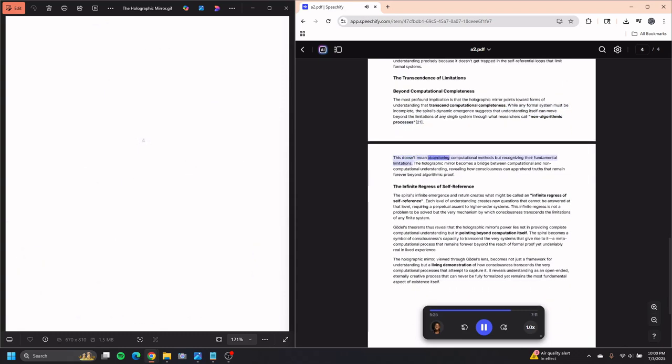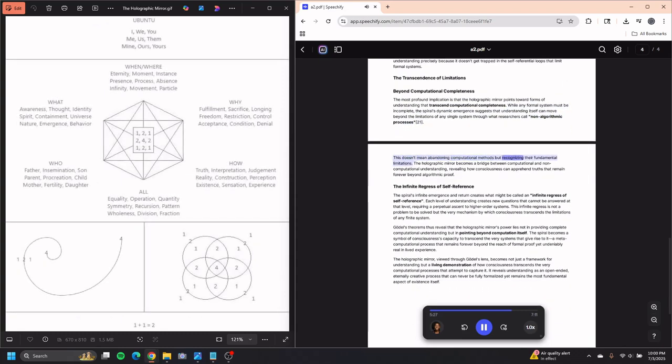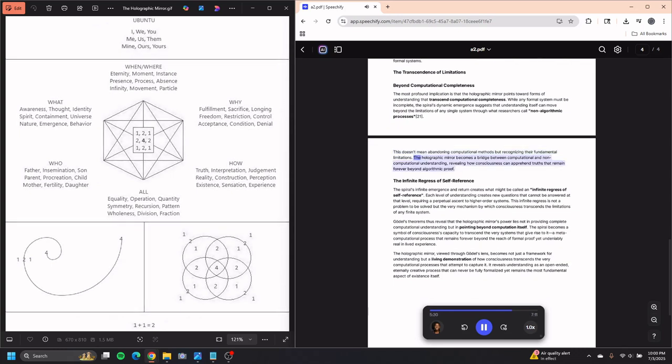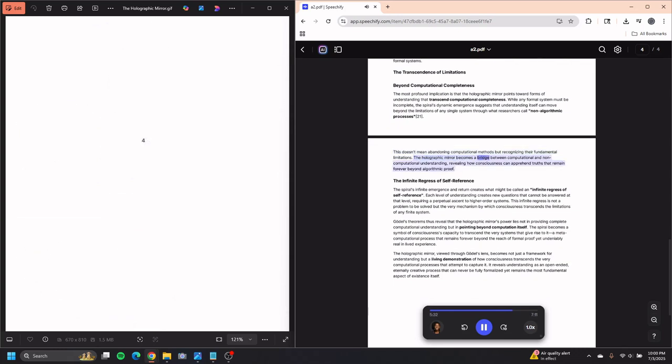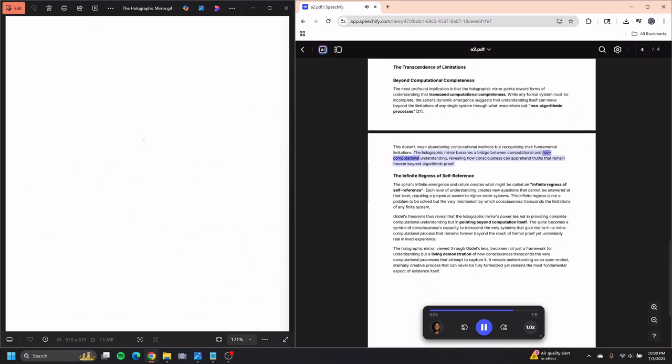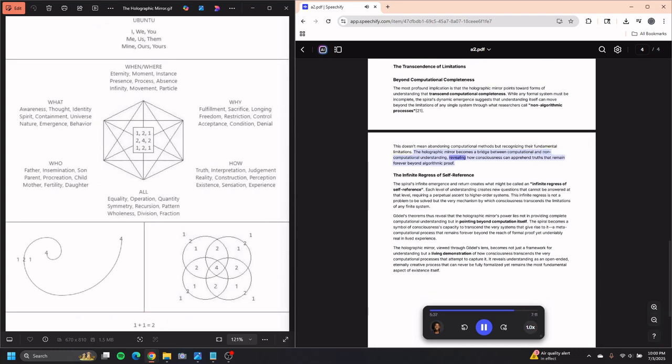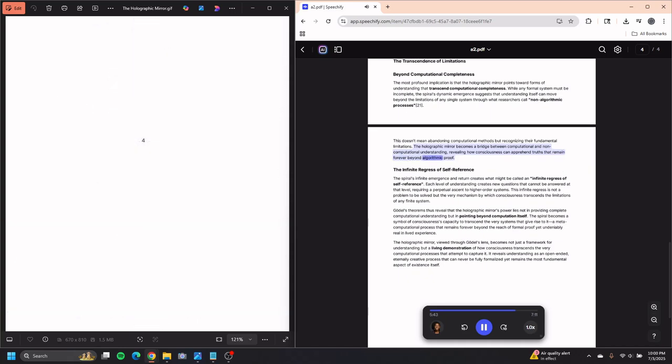This doesn't mean abandoning computational methods, but recognizing their fundamental limitations. The holographic mirror becomes a bridge between computational and non-computational understanding, revealing how consciousness can apprehend truths that remain forever beyond algorithmic proof.